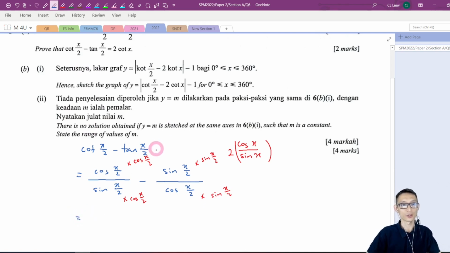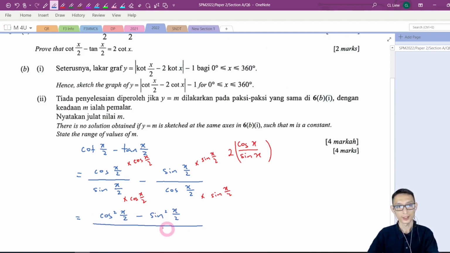Okay, so now they will have a common denominator, we can combine them together. So here you will get cosine square x over 2, here you will get sine square x over 2. So this is sine x over 2 times cosine x over 2, right?